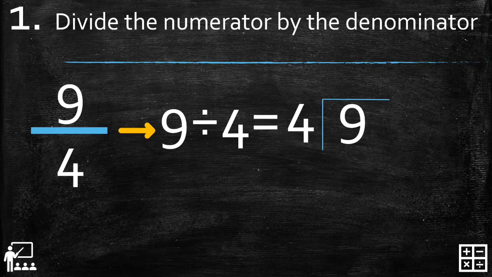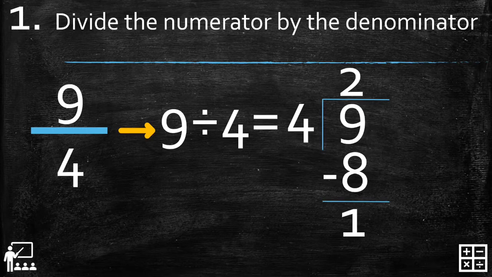So 9 divided by 4 gives you 2. 2 multiplied by 4 gives you 8. 9 minus 8 gives you 1. So we're done with step 1. We divided only the numerator by the denominator, and we get 2 and our remaining number 1.